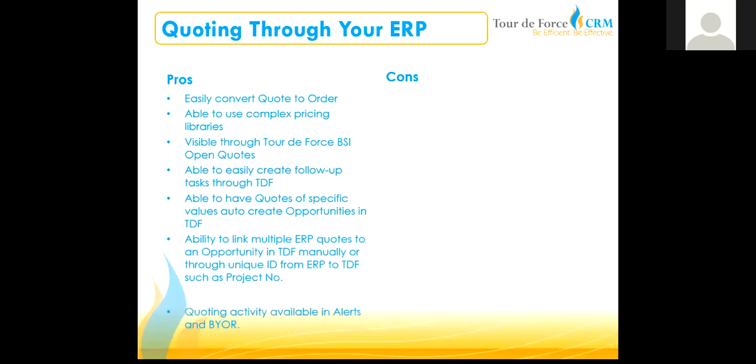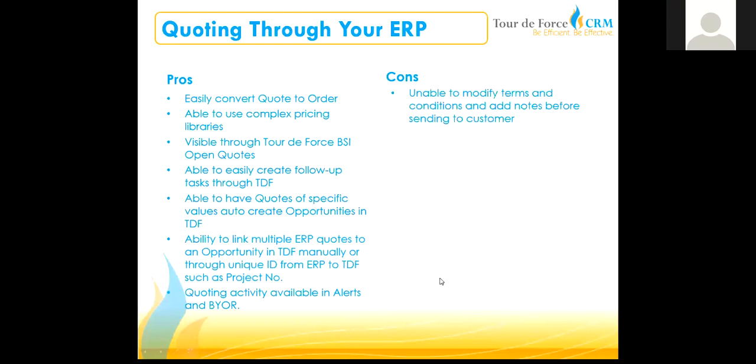It could be from 10 different ship-to accounts with 10 different customers, but as long as those orders and quotes tie back to that job, when you look at that opportunity in Tour de Force, you'll see a sales analysis or business intelligence screen that allows you to look at that overall job performance of every item sold, every quote, every order, and a complete sales analysis by vendor, by product group within that particular job. That ties into a lot of the job management features within Tour de Force.